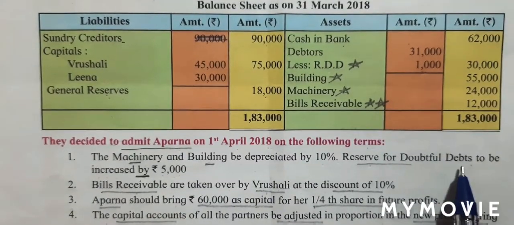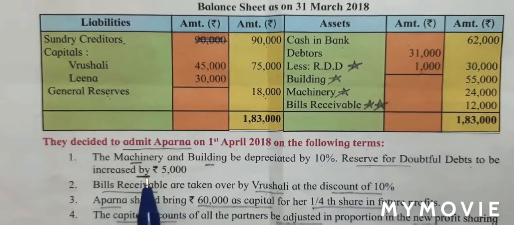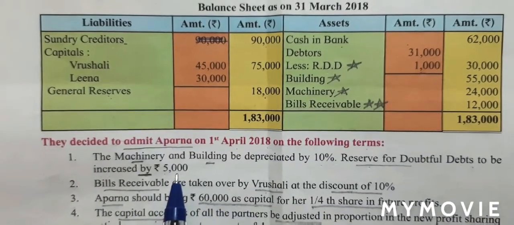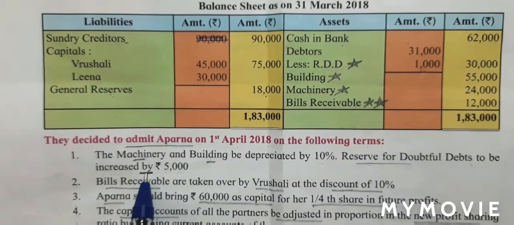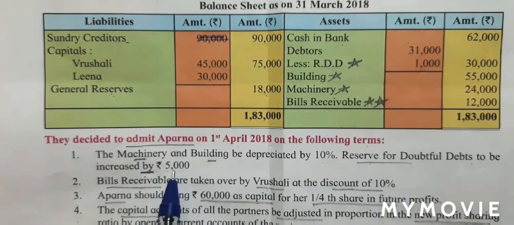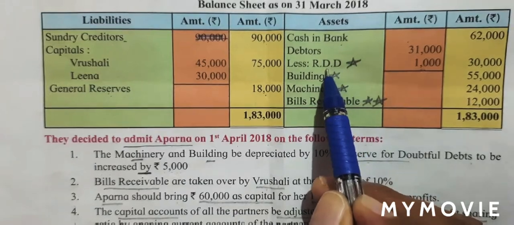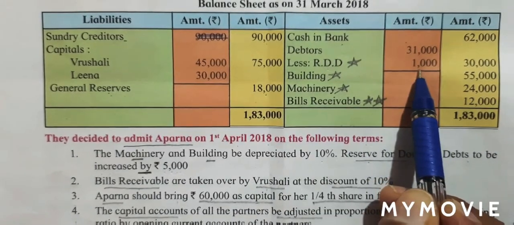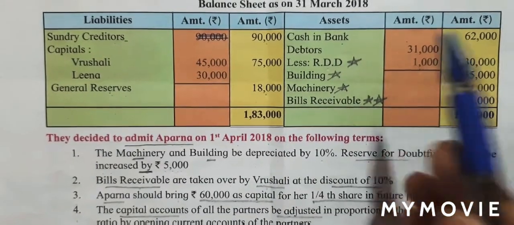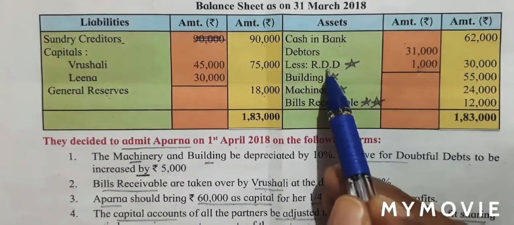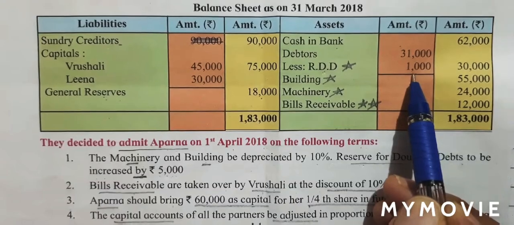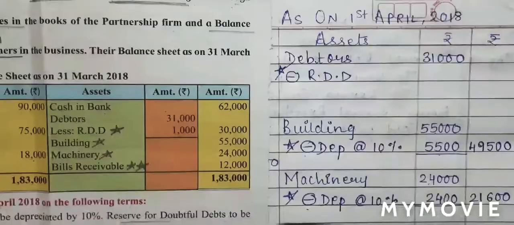Let's continue with adjustment number 1. Reserve for doubtful debts to be increased by 5,000. So students, this language is very, very important. They are saying to increase it by 5,000. We already have RDD amounted to rupees 1,000. So we have to further increase it by another 5,000, which means our new RDD will be now rupees 6,000.